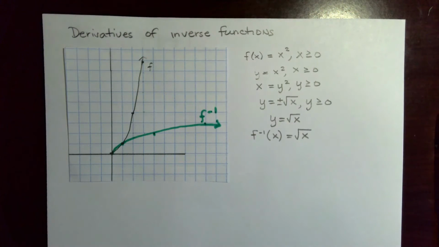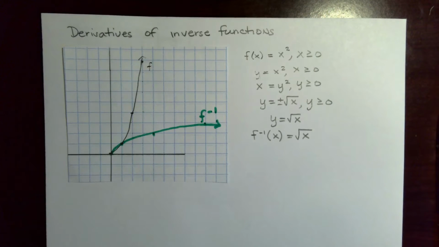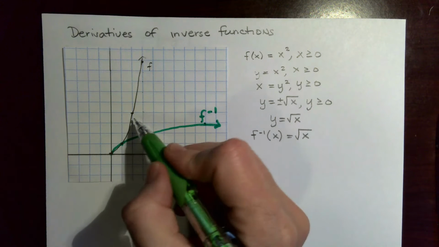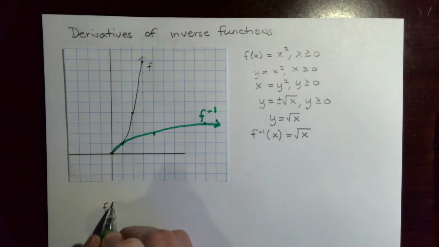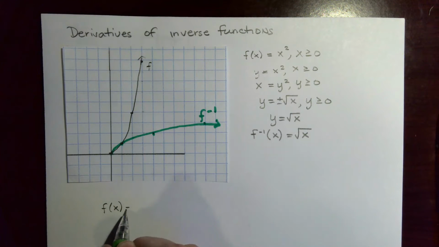Okay, so one of the things that we talked about already is, if you find the derivative, let's say we want to find the derivative, so we have f of x is x squared. So I'm just looking at the first function, and I want the derivative at 2.